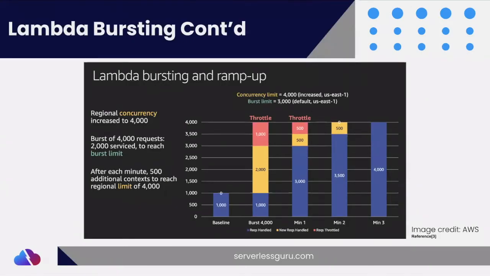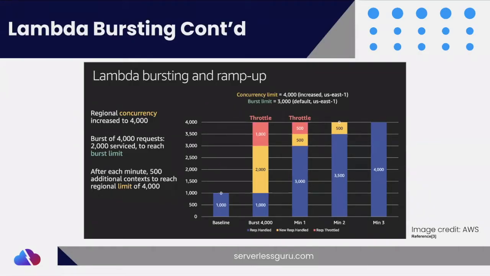There are different architectural patterns that you can implement to avoid hitting these limits, so you don't run into throttling issues. You could implement a retry mechanism on the client side, or put the requests into a queue and control the concurrency.